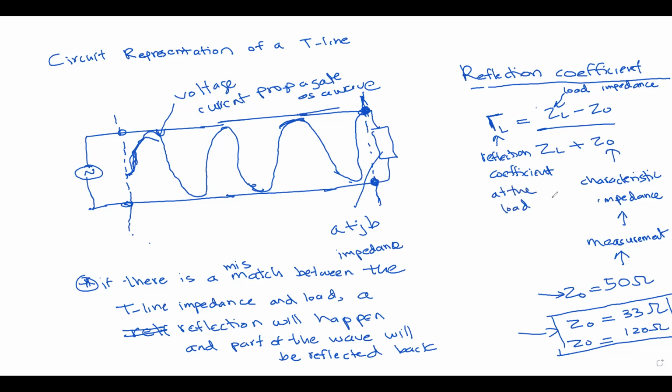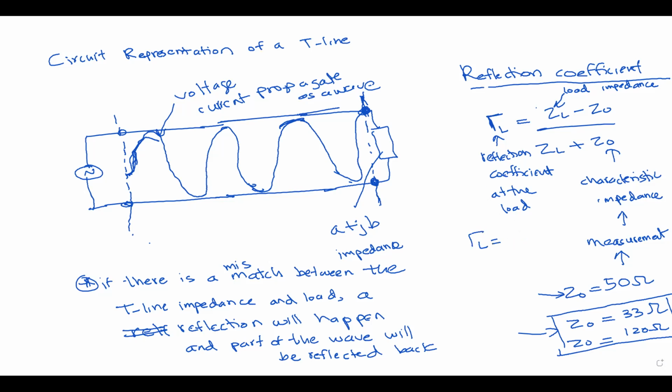The reflection coefficient value can be a complex value, and therefore tau L can be denoted as a magnitude and a phase.